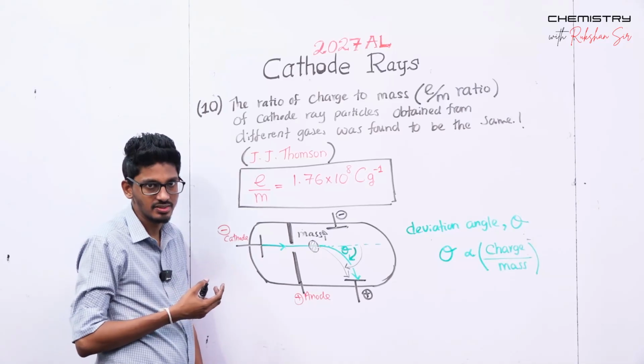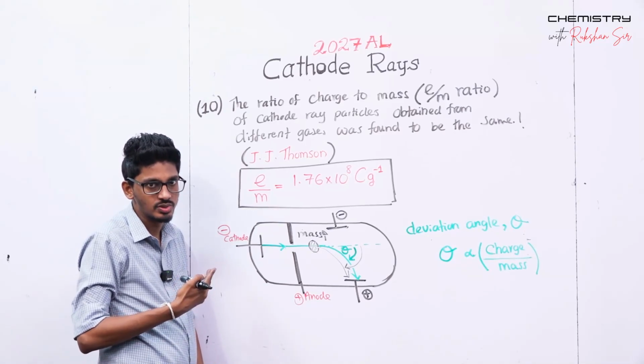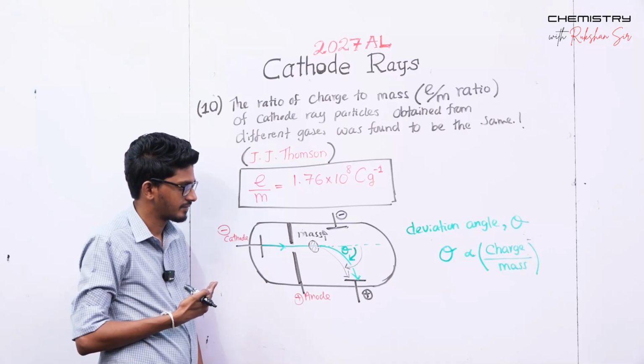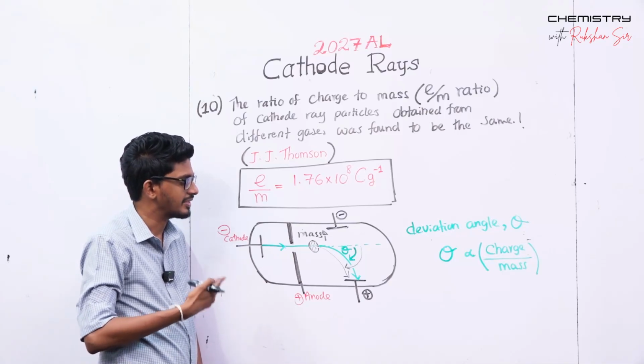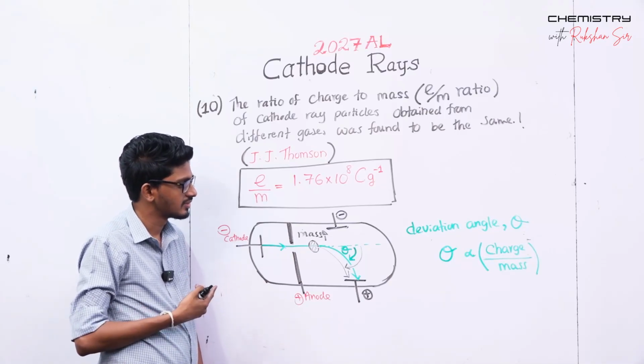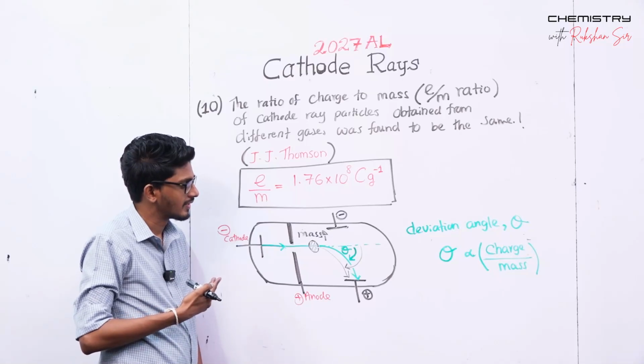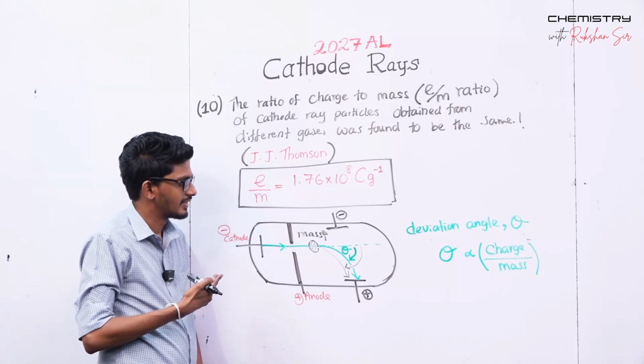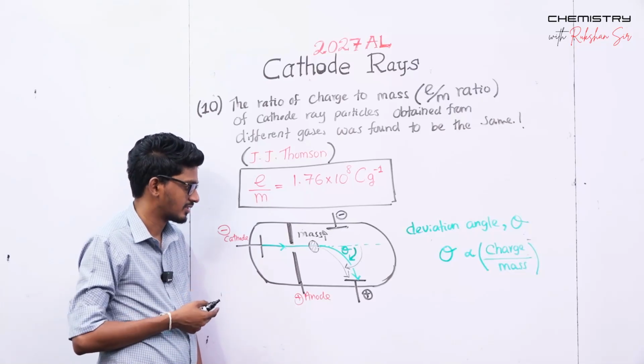When the mass is high, you are not keen to change your movement. The movement, it may be the direction or the speed, won't be keenly changed if the mass is high.